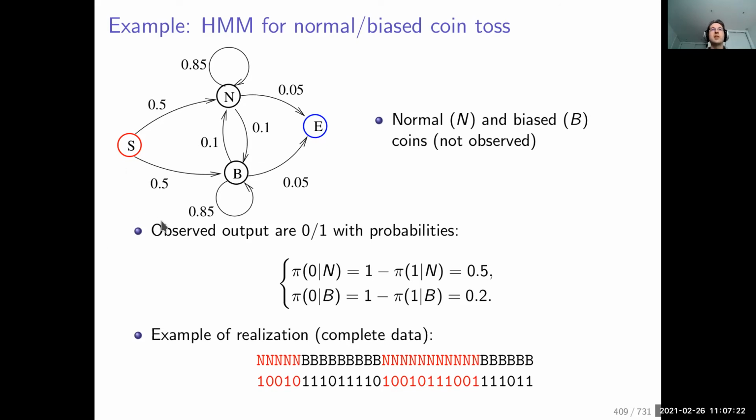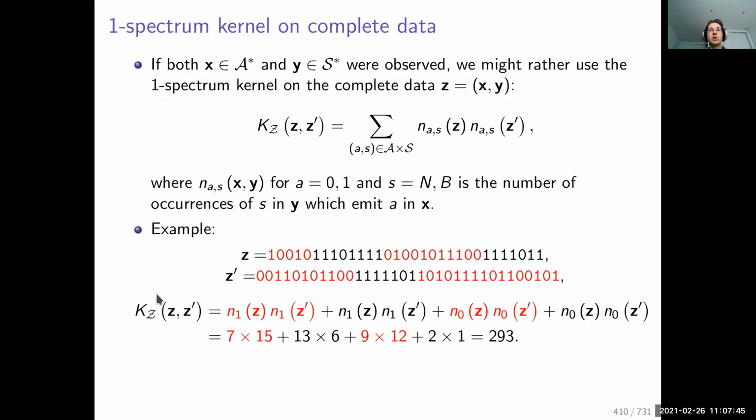So it's a very basic example, where we have two coins. One is normal, the other one is biased. And at every step, we are going to draw one of the coins, but there is a latent variable, which is normal or biased. And you can do the marginalized kernel with respect to that.